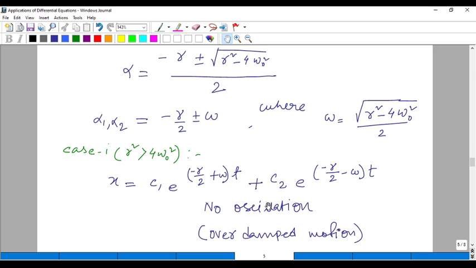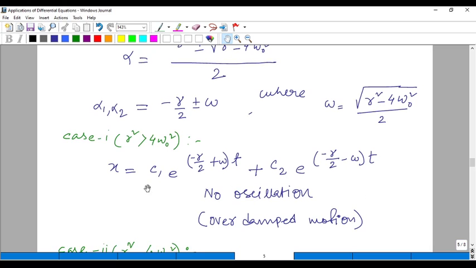In this case the roots are unequal, and we can write the solution as x equal to c1 e to the power minus gamma by 2 plus omega into t plus c2 into e to the power minus gamma by 2 minus omega into t.